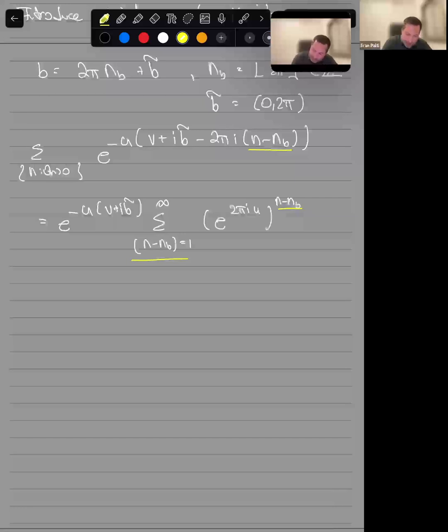I have just used the fact that theta n, after this change of variables, is... sorry. So theta n bigger than 0 means that you need the imaginary part of u bigger than 0.